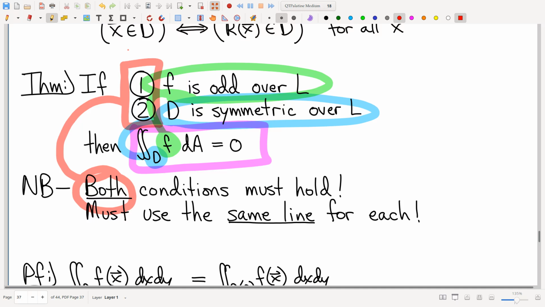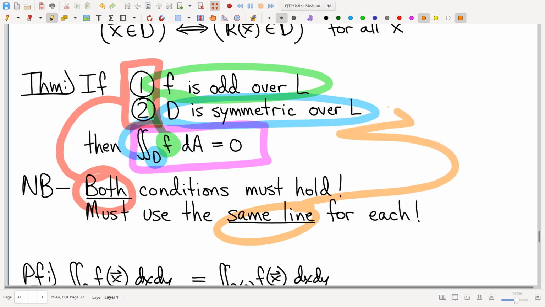You've got to be able to get cancellation, in the same way. The other is, and this one's subtle, a lot of students mess this up. Catastrophic results. But it's got to be the same line for both of these symmetries. Got to be the same line. Right? So do be careful about that. Make sure you're using the same line for both of these symmetry arguments.